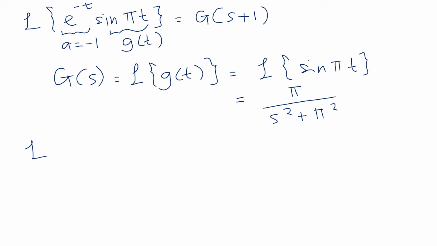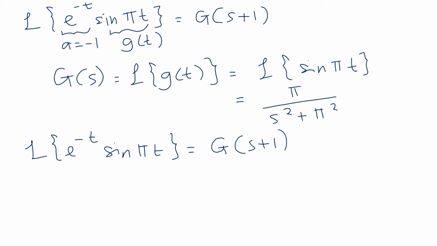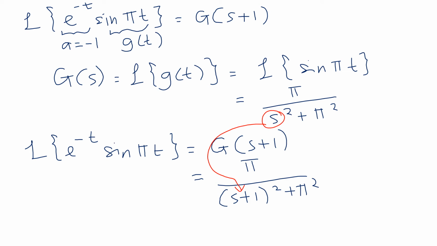Therefore, the Laplace of e^(minus t) sine pi t is equal to G(s plus 1). We're going to shift G(s) to G(s plus 1), so we're going to replace s by s plus 1.